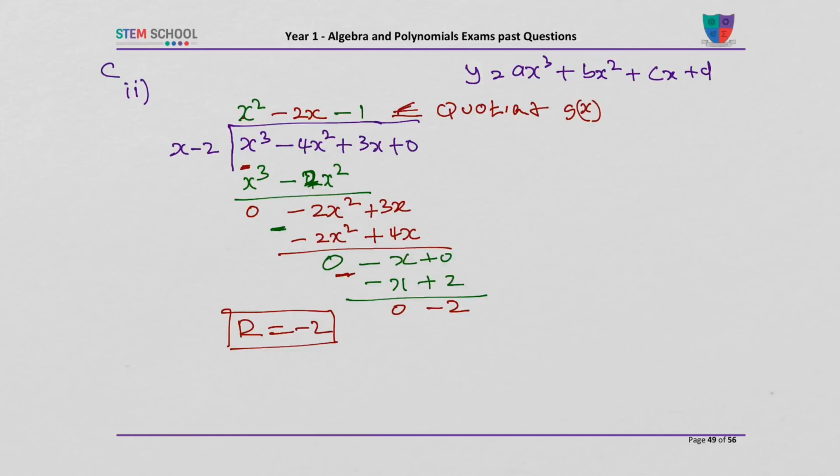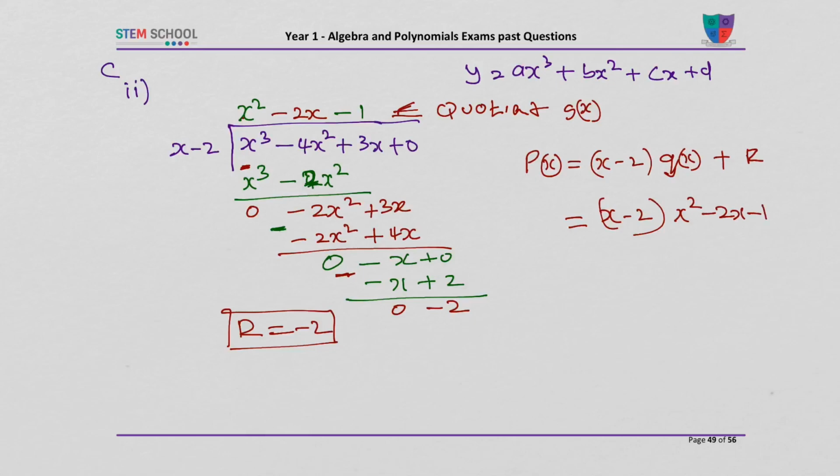And so what we have is p of x will be equal to x minus 2 times the g of x plus r. We can write x minus 2 times x squared minus 2x minus 1, minus 2, because r is minus 2. So that's our p of x, and that's what part 2 is requesting.